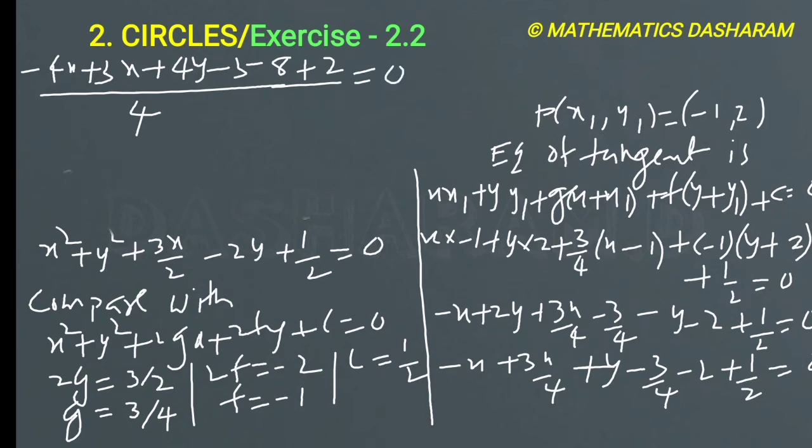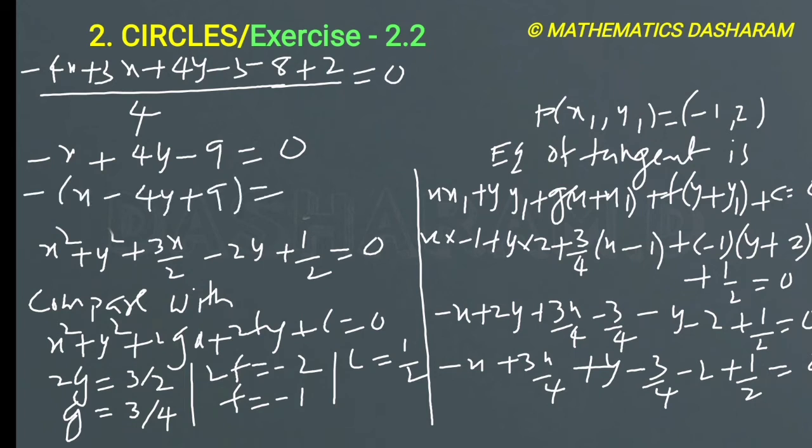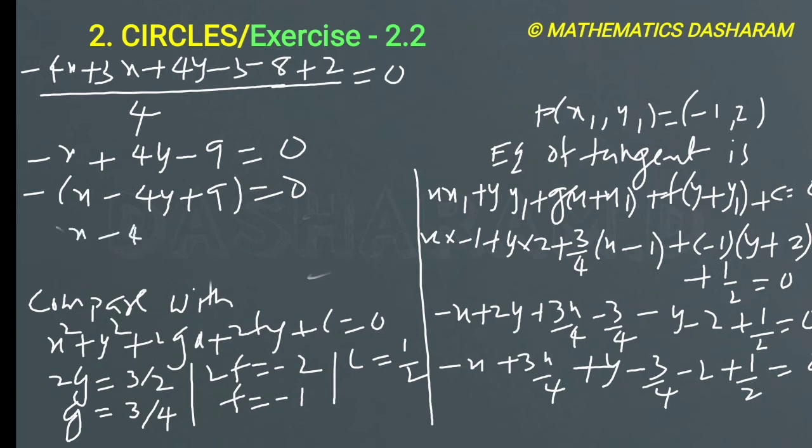So our required answer is minus 4x plus 3x is minus x, next 4y minus 3 minus 8 is minus 11, minus 11 plus 2 is minus 9, equals 0. Take the minus common, so x minus 4y plus 9 equals 0. So the final answer is x minus 4y plus 9 equals 0, which is the equation of a tangent.